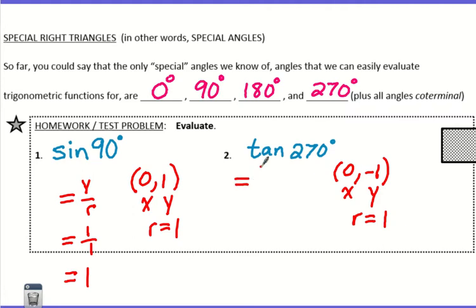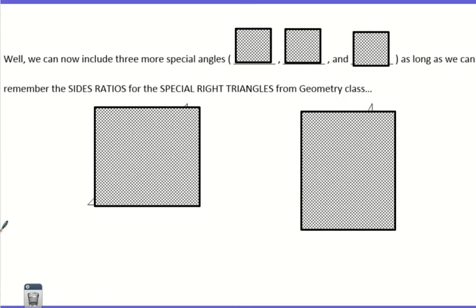So never forget that tangent is y over x. And so -1 over 0. And definitely never forget that in mathematics, we can't divide by 0. It's not defined. And so this answer is undefined. The tangent of 270 is undefined, or does not exist. Now let's get back on the main track, probably.